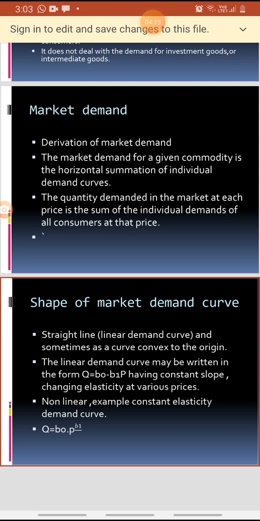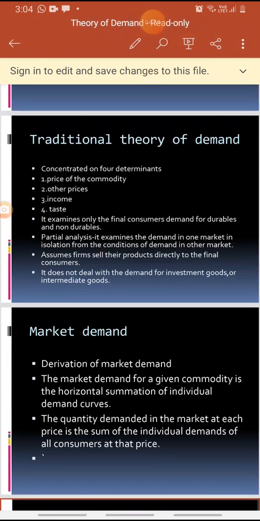Here in the linear demand curve we also wrote an equation Q = B0 - B1P. P is the price, B0 is a constant, B1 is the price elasticity. Okay. Thank you.